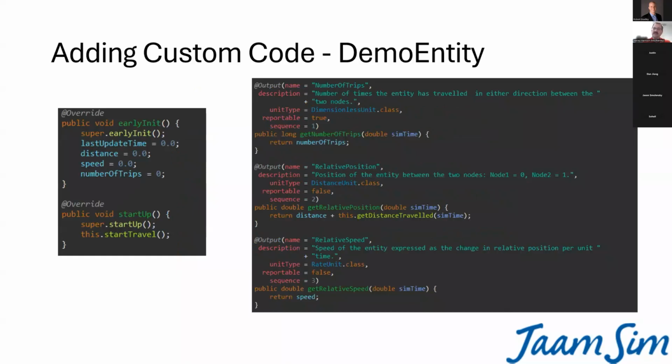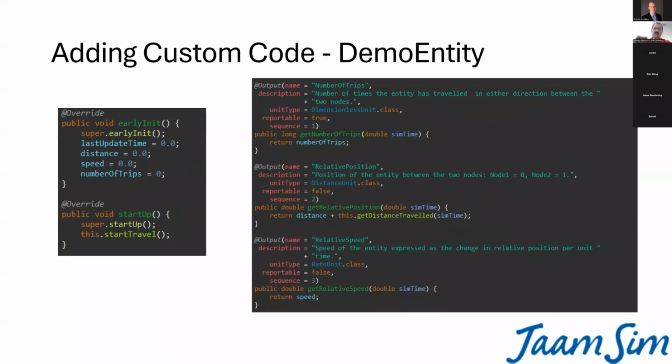The entity framework itself provides two pretty key entry points that are common to all entities. And that's really this concept of early init, which is at the beginning of the model run, setting up all of the calculation state, setting up any kind of logical information that's needed to operate properly, and the startup method.